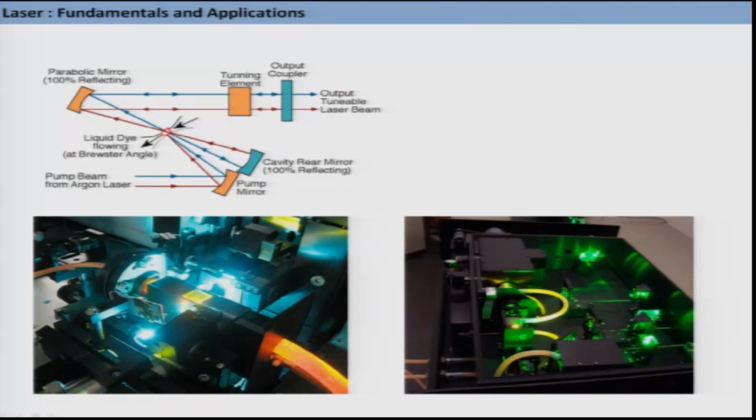On the left down, there is an actual picture of a dye laser, and the region where the dye cell is kept is shown here, in this square kind of cuvette. One thing is very essential, which is not shown explicitly here: the liquid dye is flowing.